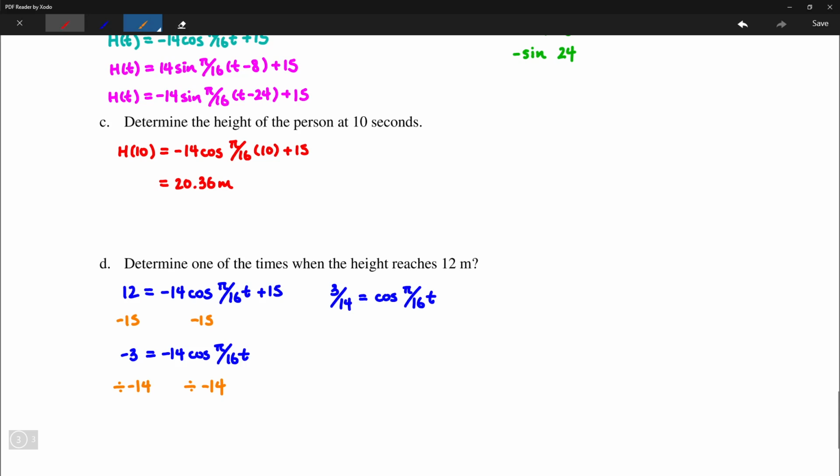So in quadrant 1, we can simply go pi over 16t is equal to arc cosine of 3 over 14.